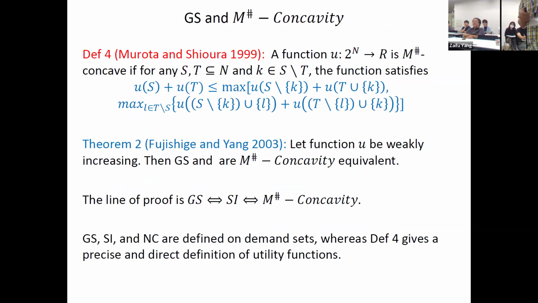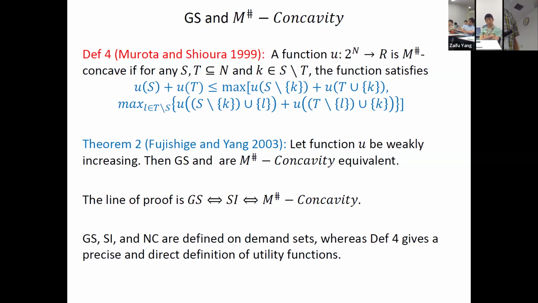Then Murota showed, actually, Murota had developed a theory called, as you know, discrete convex analysis from, I think, the early 1990s when he was visiting University of Bonn.